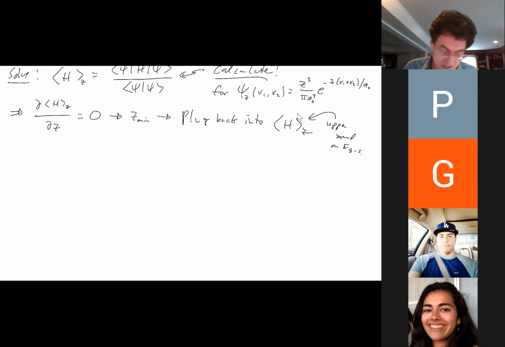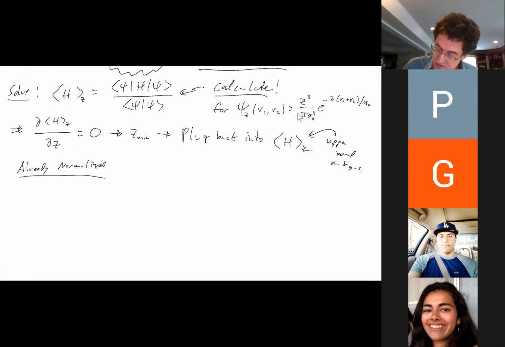So now we've got to write out the Hamiltonian, and it's kind of messy. One thing that's nice is that it's already normalized, so we don't have to do that normalization, because we're using these functions that we got from last semester.